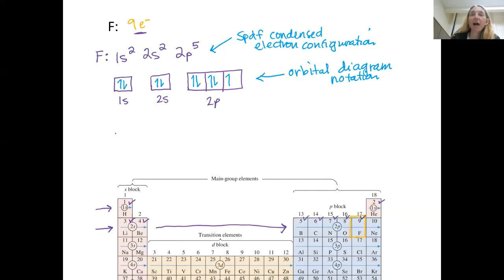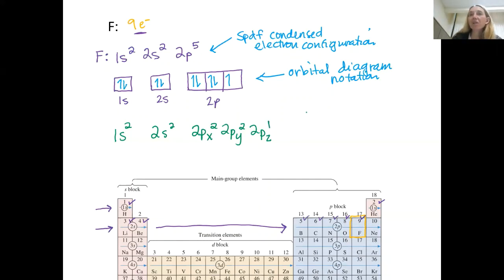So if I do that, then I have a 1s with 2 electrons. I have a 2s with 2 electrons. I have a 2px that has 2 electrons. I have a 2py with 2 electrons. And I have a 2pz with 1 electron.